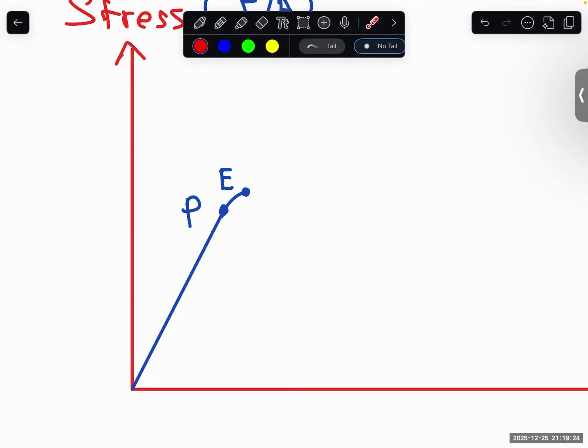Plastic property will be gained. So at that point, it will kind of come like this. We will name it Y. It's called the yield point. That's where the maximum plastic deformation happens. And after that, for some time, it will undergo plastic deformation. And finally, it will come to a position, the break point.